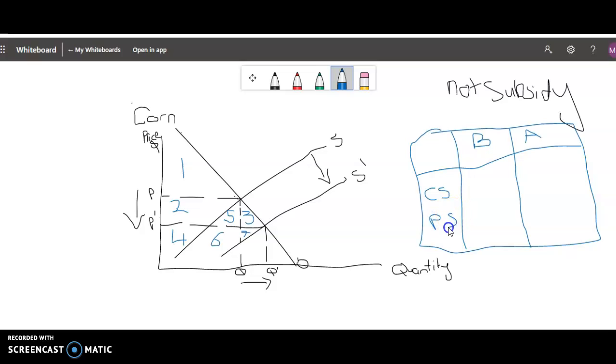In terms of allocative efficiency, when you look at the before and after, what you're looking for is any surplus area that appears to be lost to the market, where there seems to be an area of surplus that's not being transferred to either party.